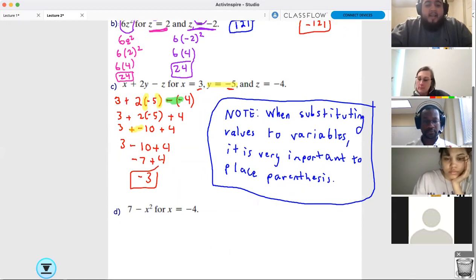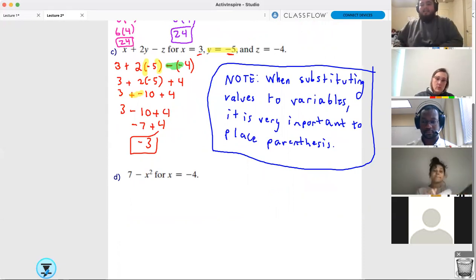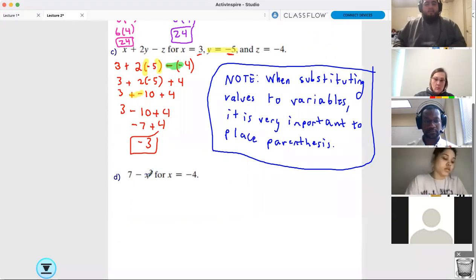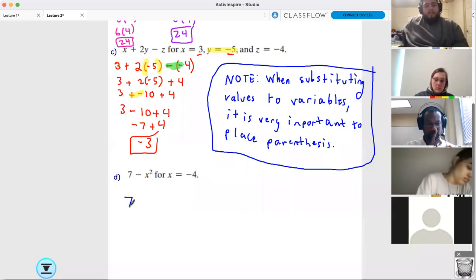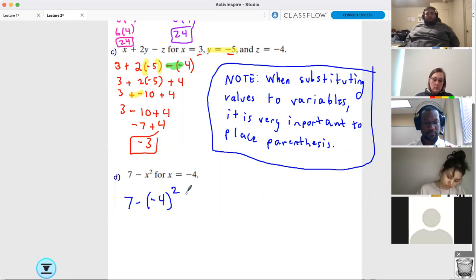All right. We're on D, the last one, class. 7 minus x squared for x equals negative 4. So 7 minus x squared, x is negative, so parentheses, negative 4 squared. We've just plugged it in for x. Now we use PEMDAS to simplify.